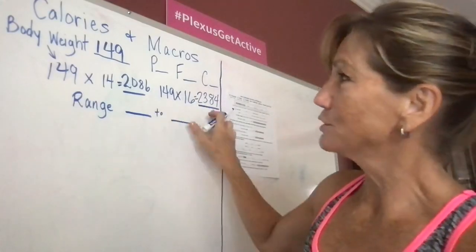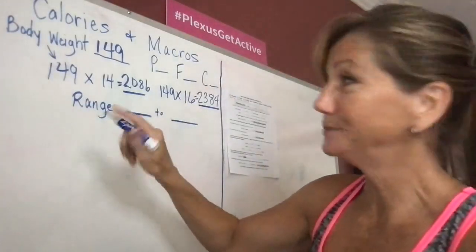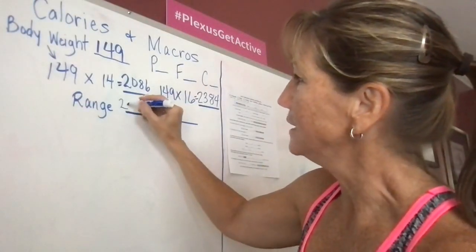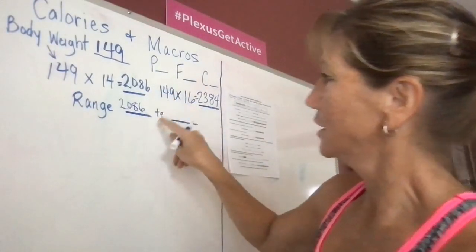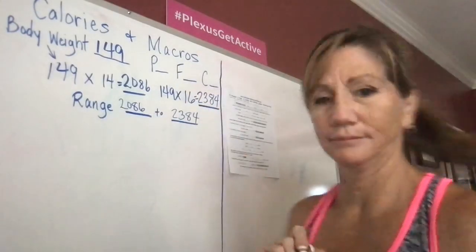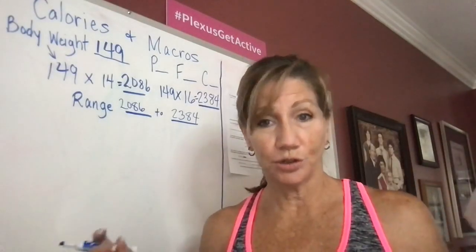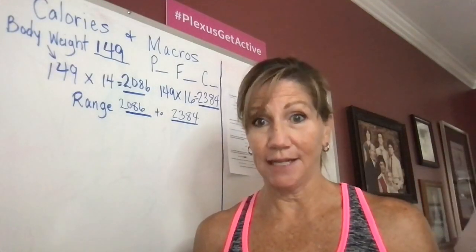So here's our range, and there's a space for you to put it where it says total: 2,086 to 2,384. All right, so that is the range of calories that you should be eating on a given day.